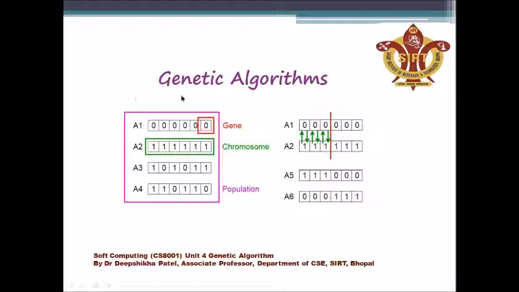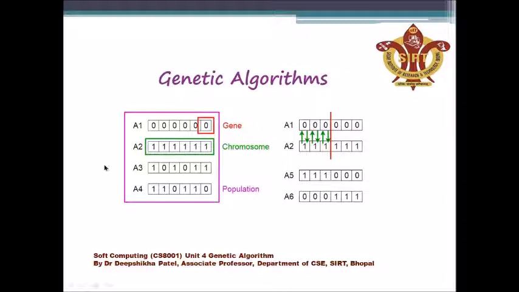So the logic behind genetic algorithm is something like this. It is based on a search-based heuristic method. So we can say we are given a set of solutions, and among those solutions we have to choose the best one, or we can say the optimized solution we are looking for.